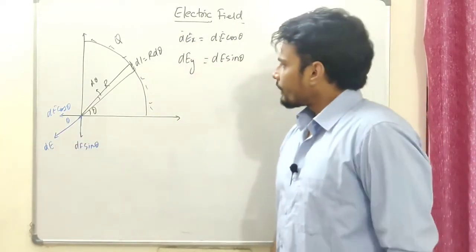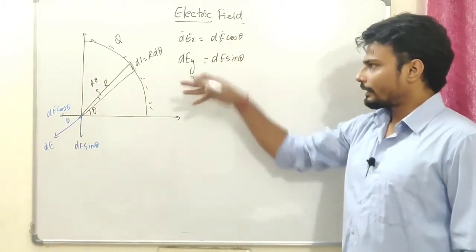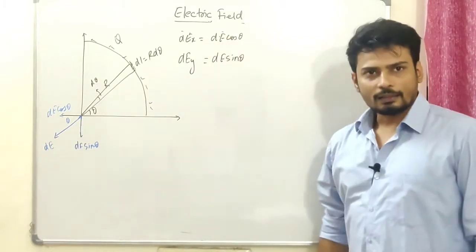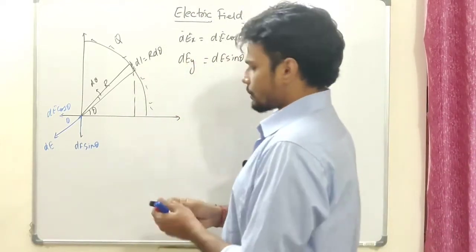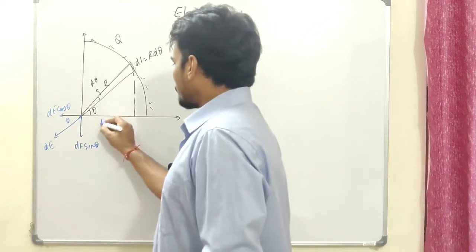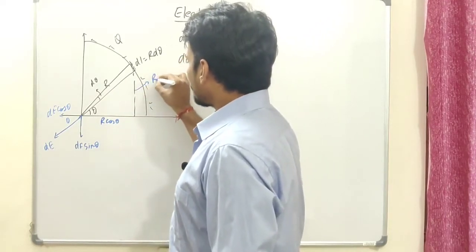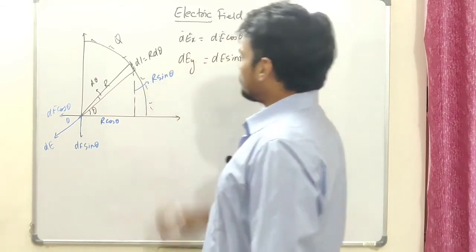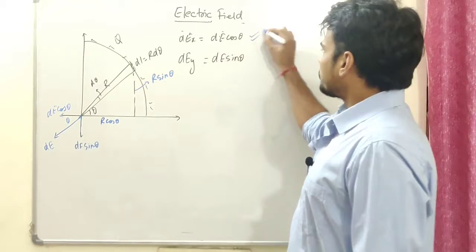I'm going to find the value of dE. We know cos theta and sin theta. Let me draw something like this: this part should be r cos theta, and this part should be r sin theta.